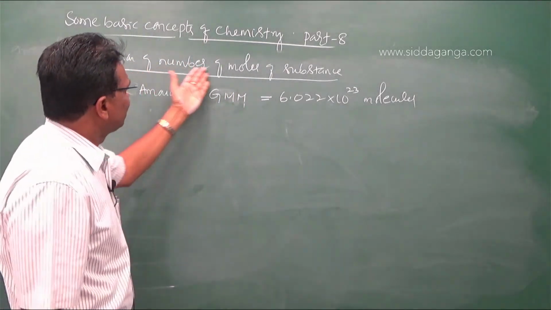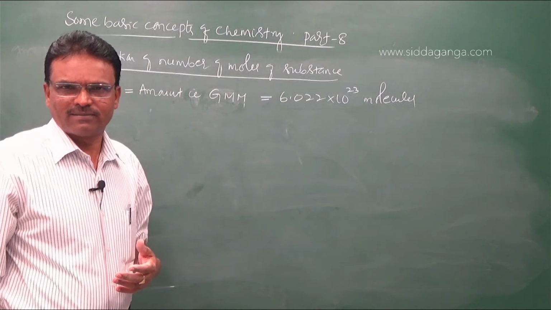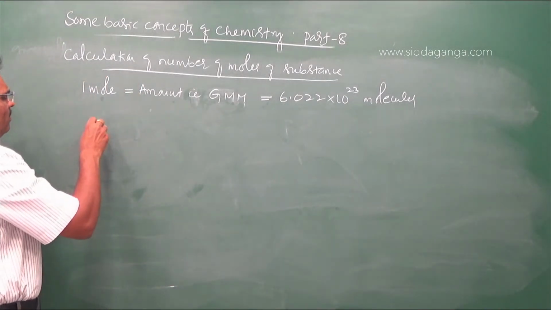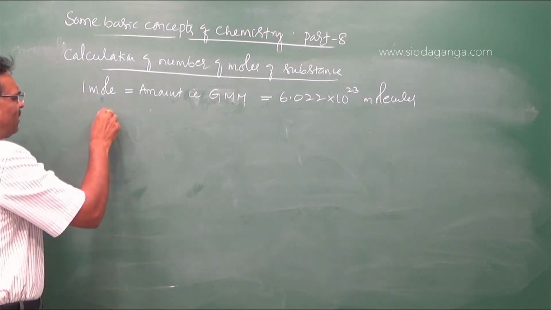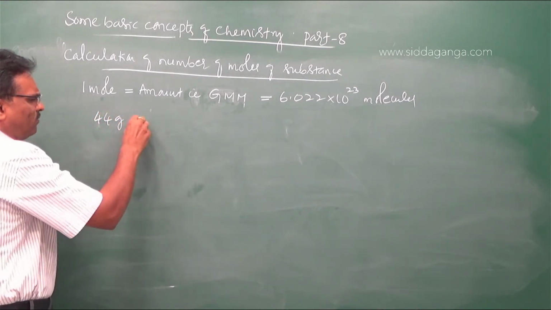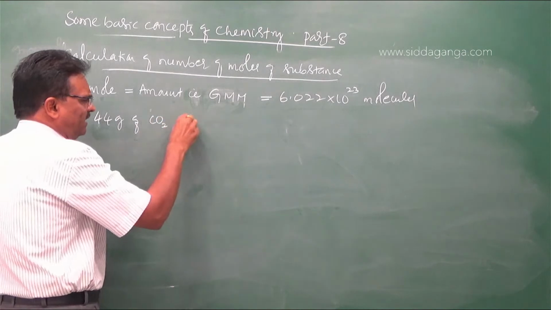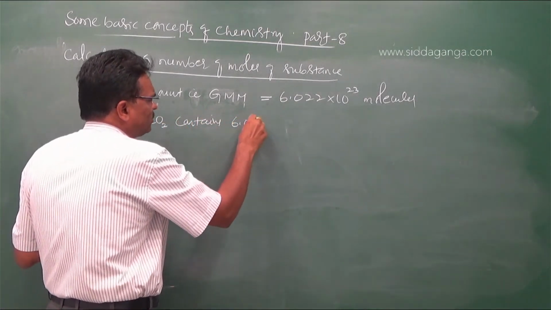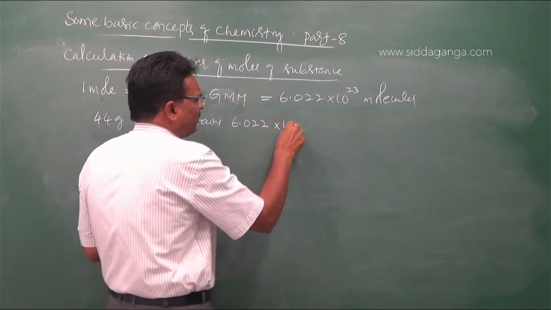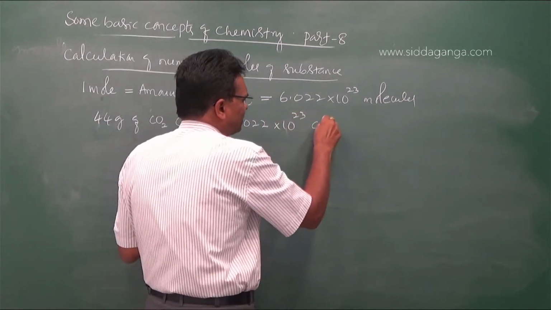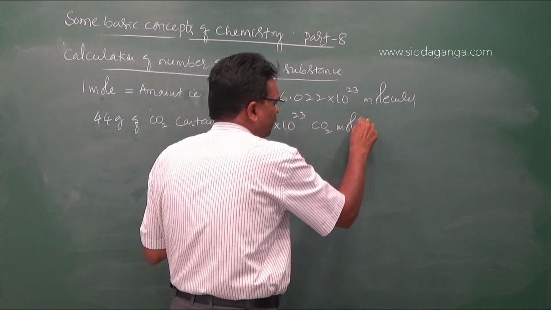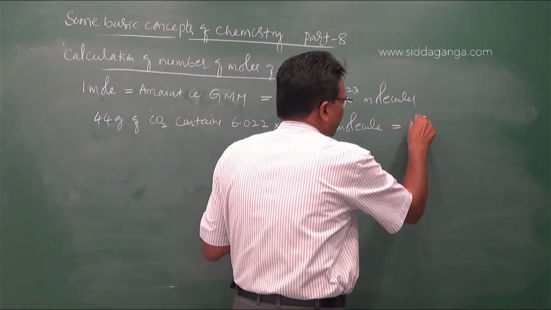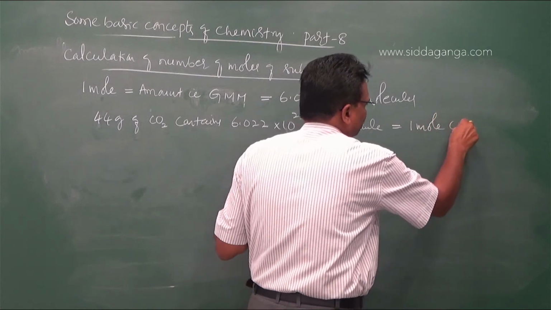Then how do you calculate the number of moles of the given substance? Look here. 44 gram of carbon dioxide contains 6.022 into 10 to the power of 23 CO2 molecules. Therefore, it is equal to 1 mole CO2.